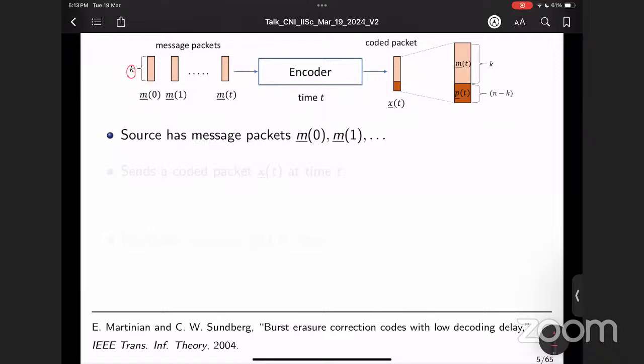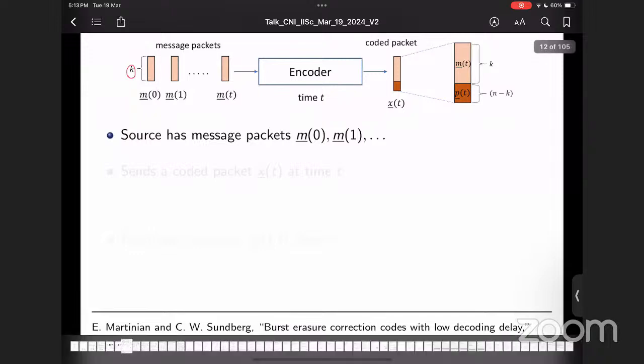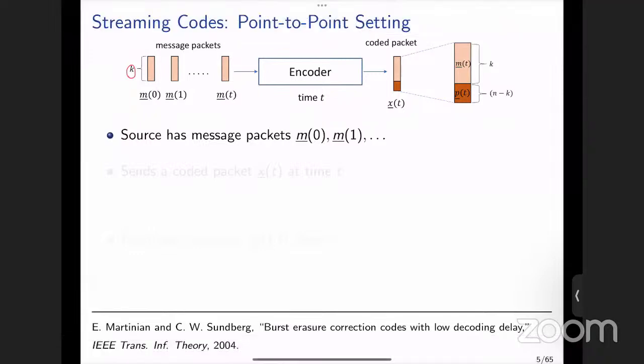Maybe for simplicity, I'm using F2, which means these are bits. So each message packet consists of K message bits. The source has message packets M0, M1. This 0, 1 denotes the time index. At time 0, source has message packet M0. At time 1, source has message packet M1, and so on.